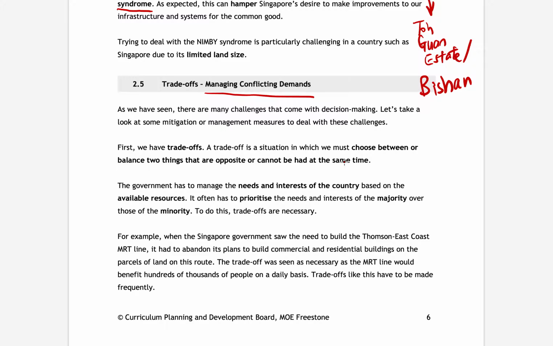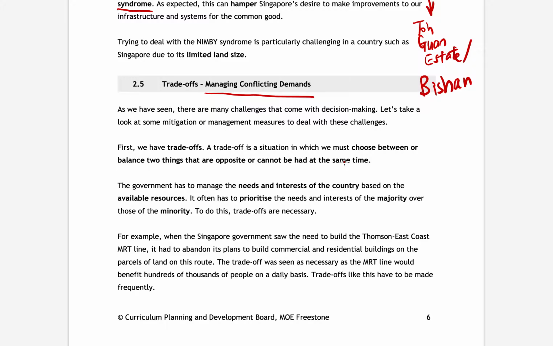For example, I have only this amount of money. All right, the government has this amount of money that they allocated to transportation infrastructure. I can either spend all the money to build better highway, or I can spend all the money to build a new MRT line.